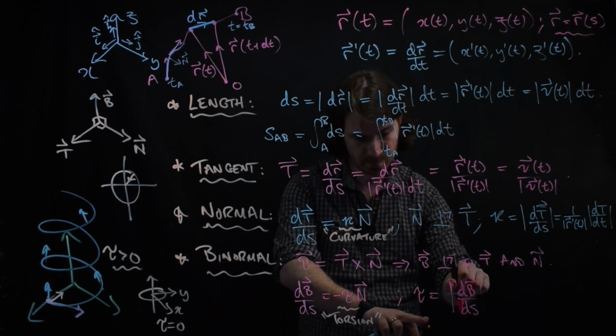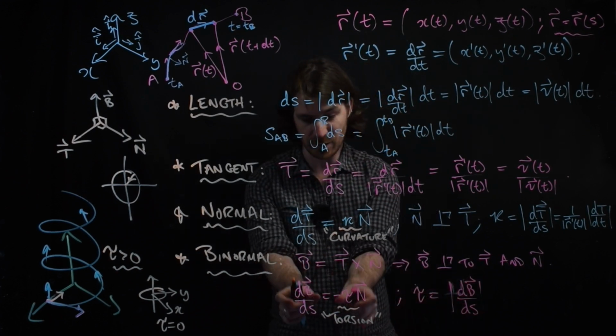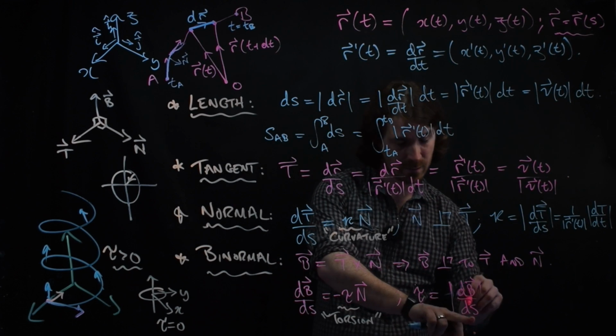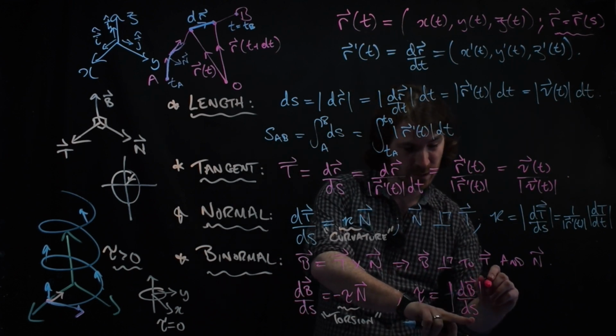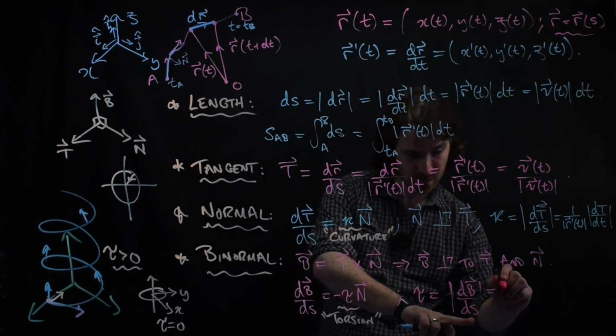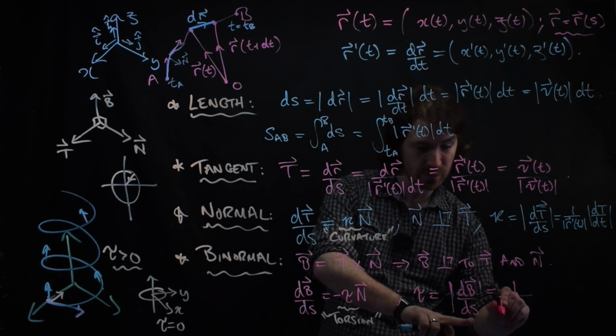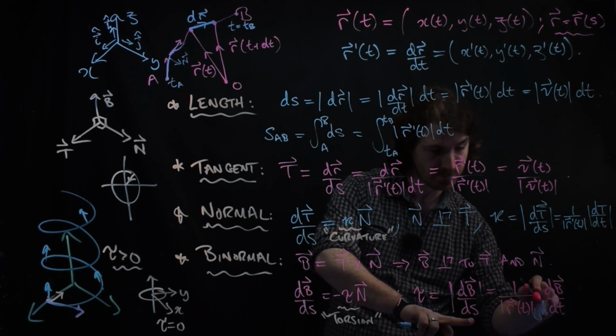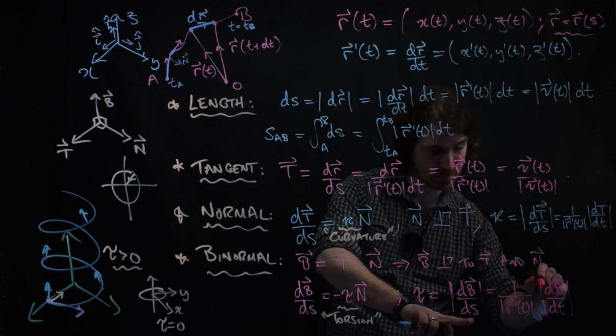So we've taken the magnitude of both sides. Typically we don't know the curve or B in terms of s, we know it in terms of t. So again, this becomes 1 over the magnitude of r prime of t, times the magnitude of dB by dt.